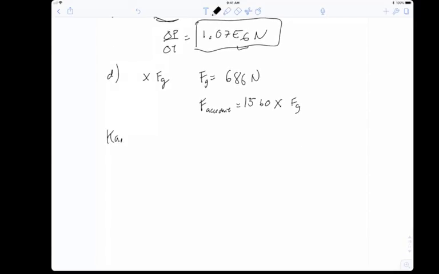Kamal's question. If two people are in an inertial reference frame, will they agree on P total and KE total?